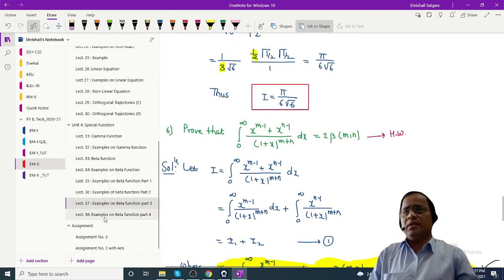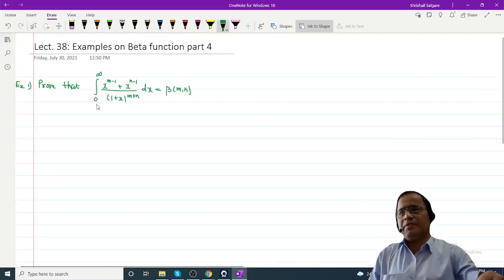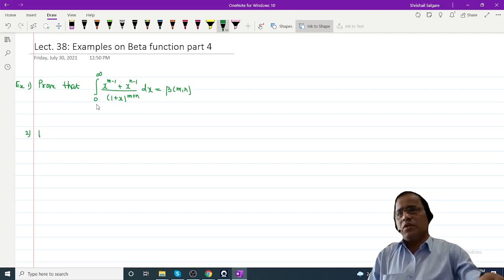Now here I have written that because, with reference to that, I am going to continue with the second example. In the second example, I will only change the limit.